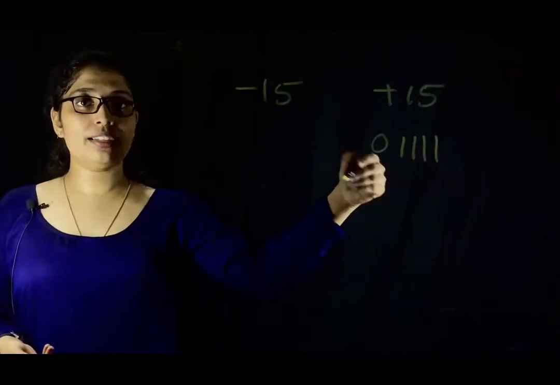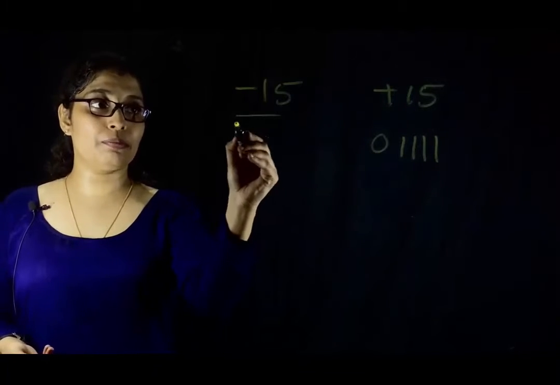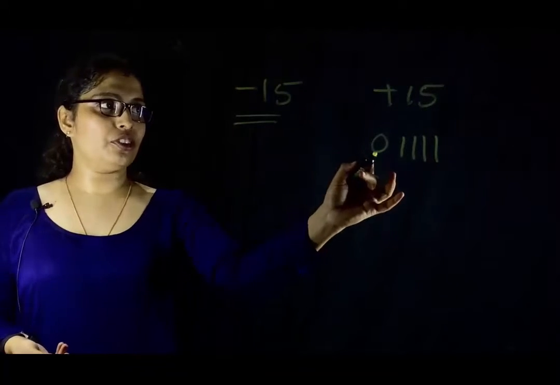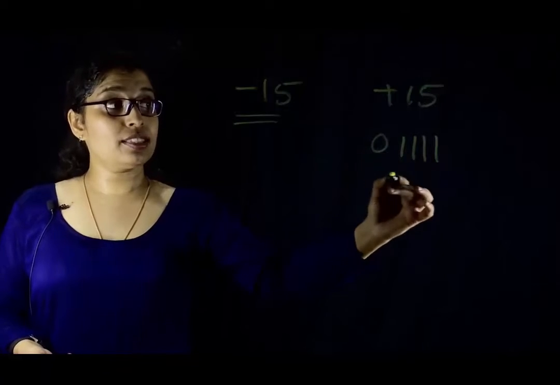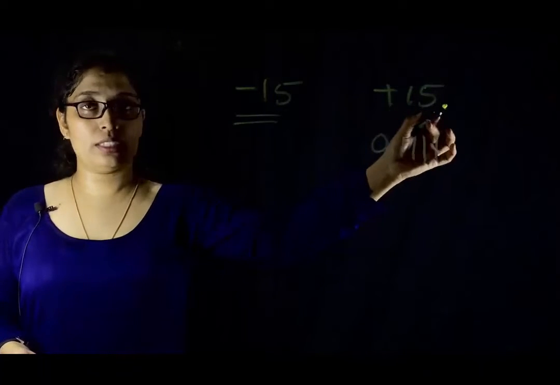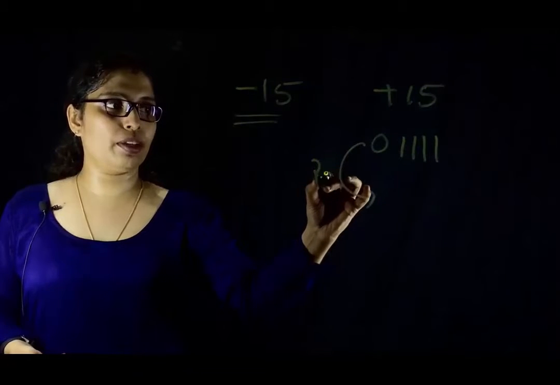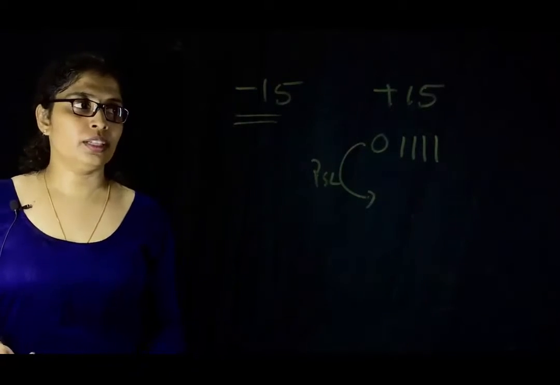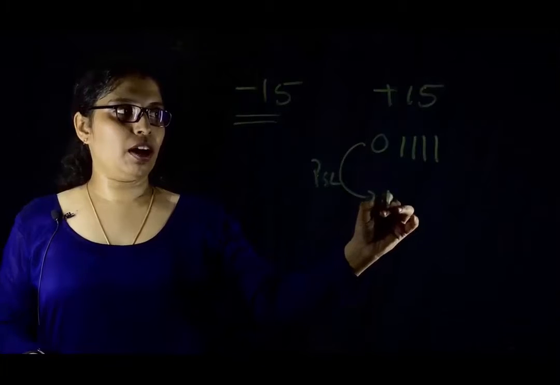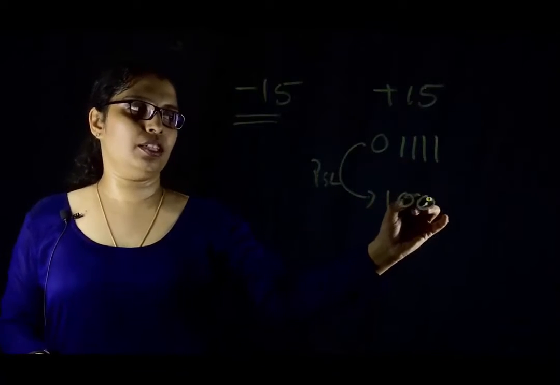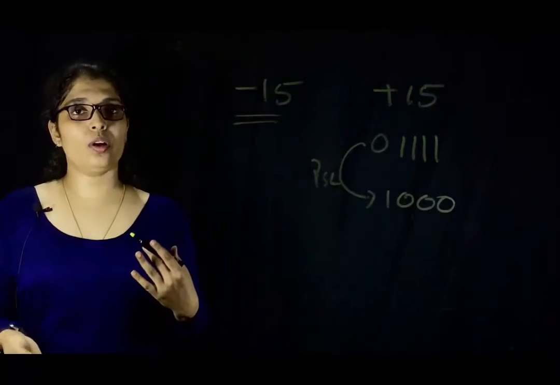In order to get the 2's complement form of minus 15, after writing the sign magnitude form of positive 15, the next step is to take the 1's complement form of it. That is, this 0 becomes 1 and all the 1's become 0. Simply convert 0 to 1 and 1 to 0.